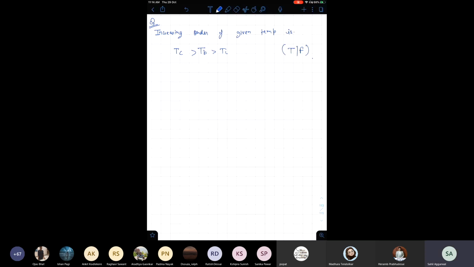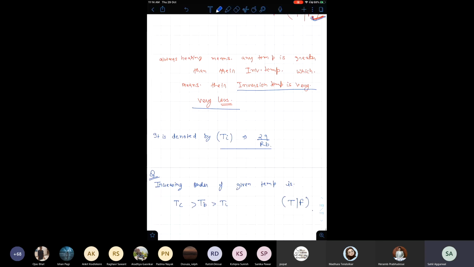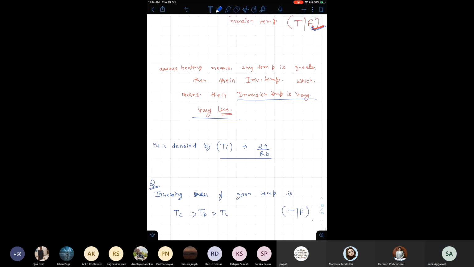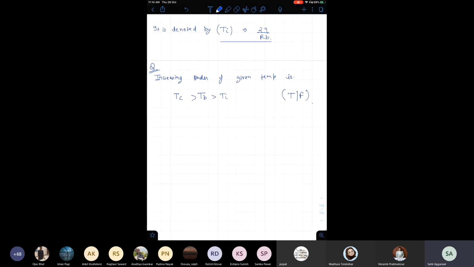So scroll up. Done, sir. Increasing order of given temperature is TC greater than TB greater than TI. False. Then Rishikesh, tell me the correct order also.